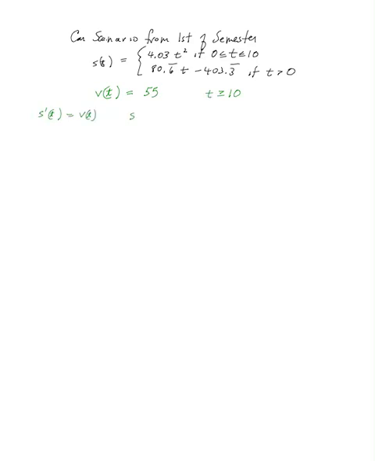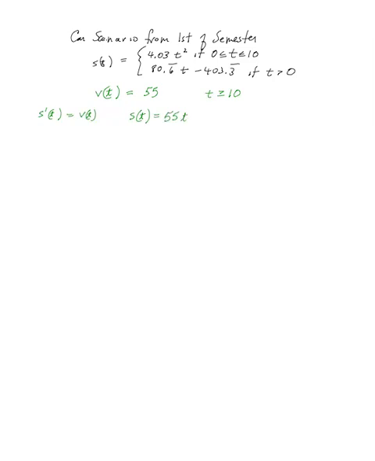So I had to take the derivative of some function to get 55. What did I take the derivative of to get 55? Think about that. Wouldn't it be 55t? What's the derivative of 55t? 55.